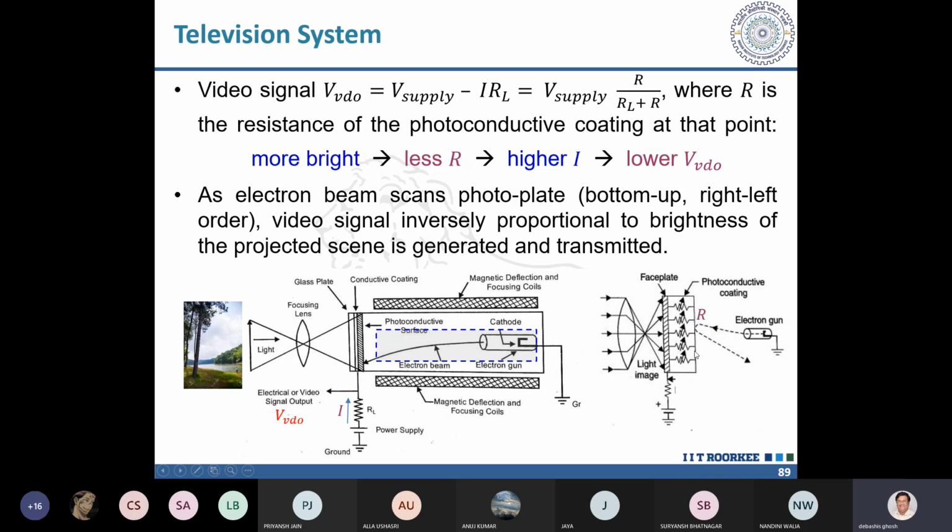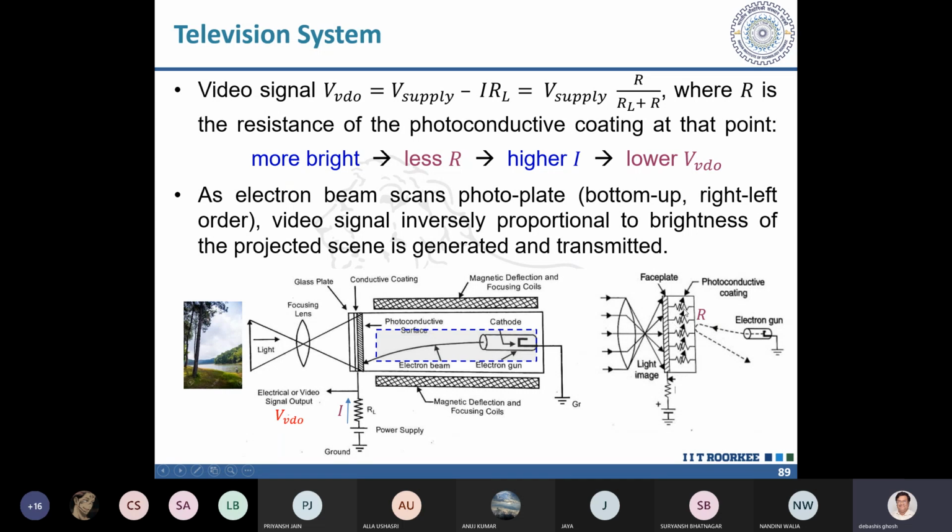So when this electron beam falls at a particular point on this photoconductive surface, the circuit is made through some R at that point.